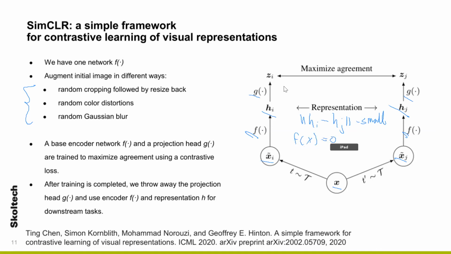But if you have this additional projection head and a contrastive loss on top of it, where we say z_i and z_j should be close, then we have good agreement in the end for our model, and if you train it, we have a framework for contrastive learning.